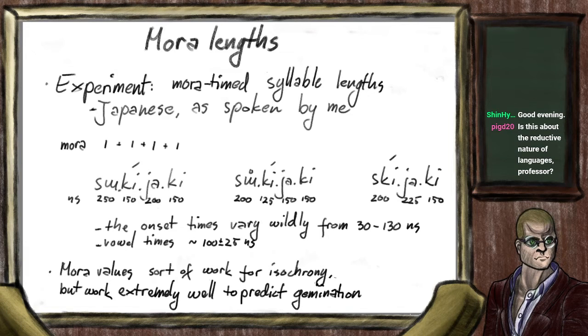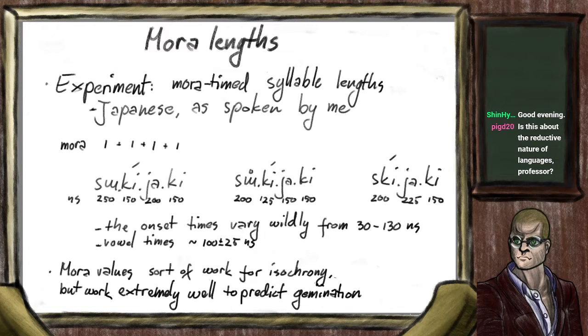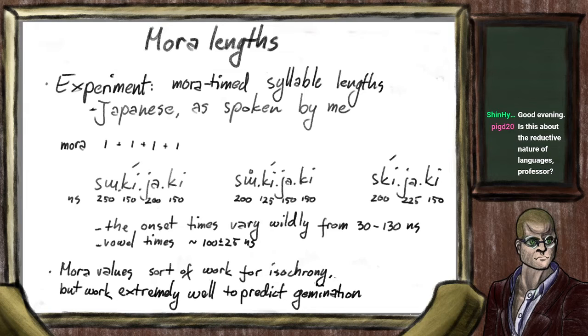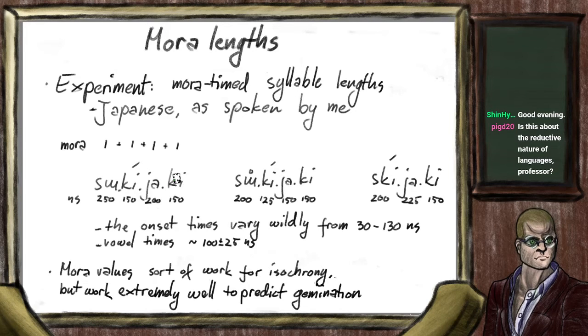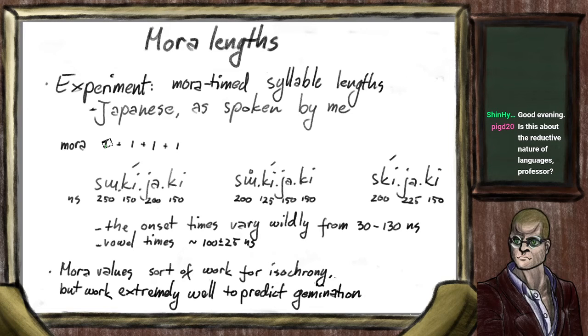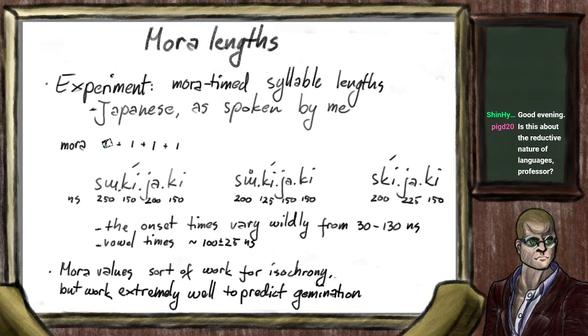I did some experiments. So the mora values for all of these 4 syllables are 1. When talking about mora values, you just ignore the starting consonant and count the amount of vowel time and syllable final consonants to get the mora values.